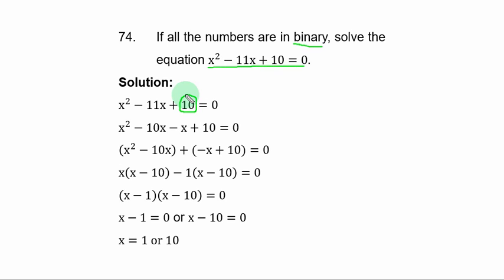So two factors of 10 that can give us minus 11 when added are minus 10 and minus 1. To get minus 11s, you have to attach s to minus 10 and minus 1. So it becomes minus 10s minus 1s, also written as minus s.